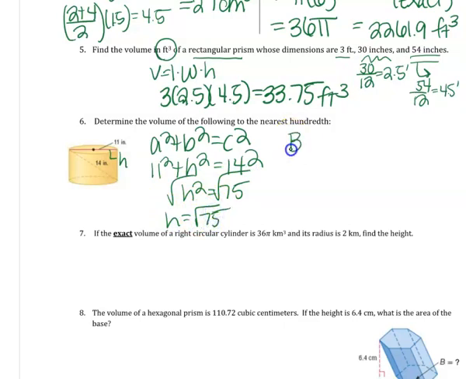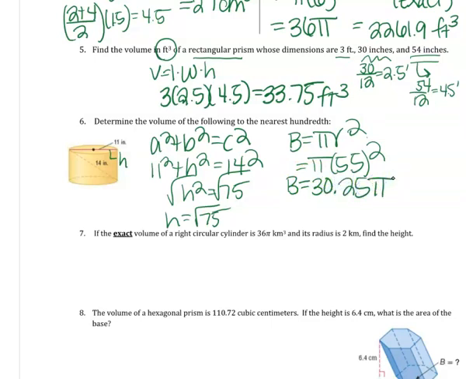No point in doing a decimal just yet. Now again, we know the base is a circle, so that's pi r squared. Be careful, the radius is not 11 though, the radius is 5.5. They gave you the diameter in that problem. So that means the area of our base will be 30.25 pi. Now volume is area of the base times the height.